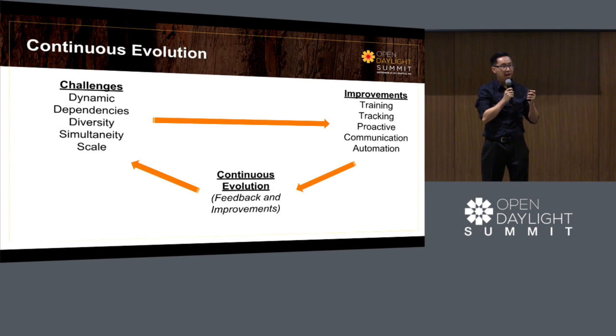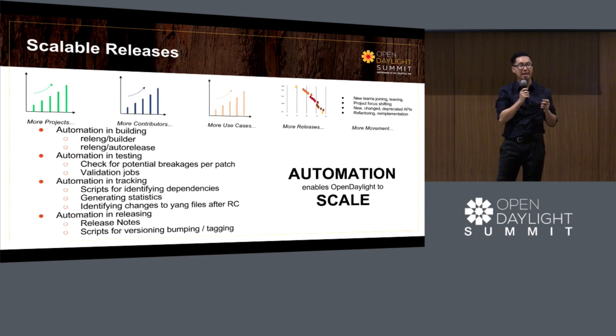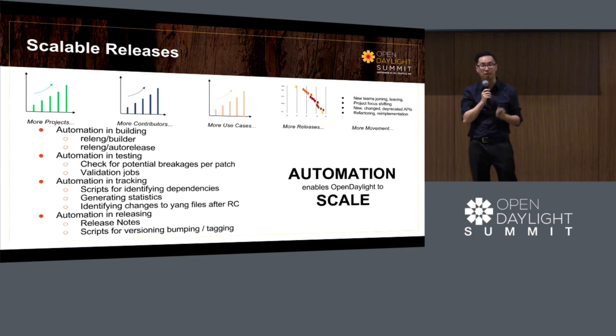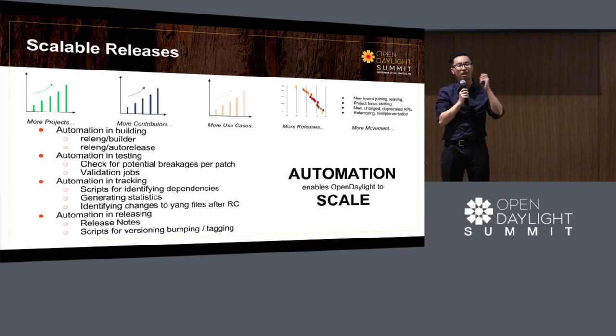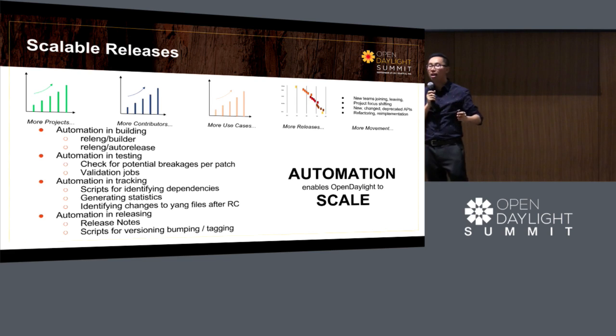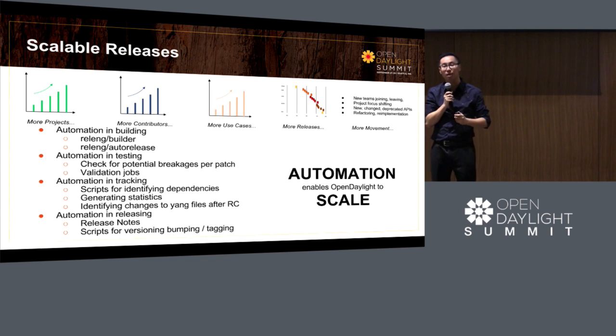But one of the things that I want to focus on is the scale and the automation. In fact, automation enables OpenDaylight to scale. With every new release, we are seeing more projects, more contributors, and more use cases from our end users, as well as more releases that we need to support.